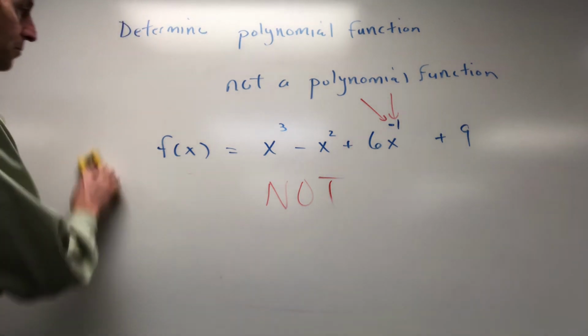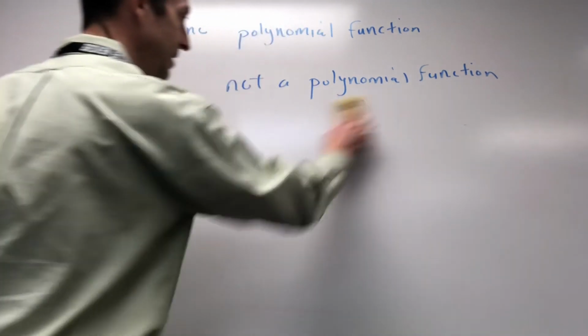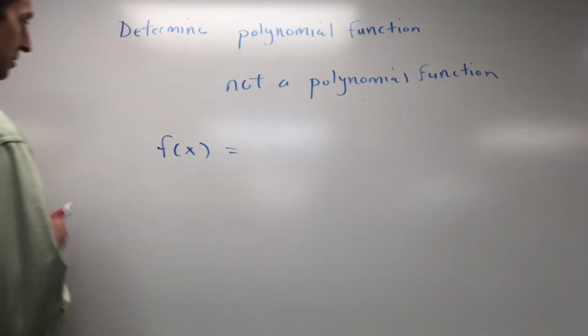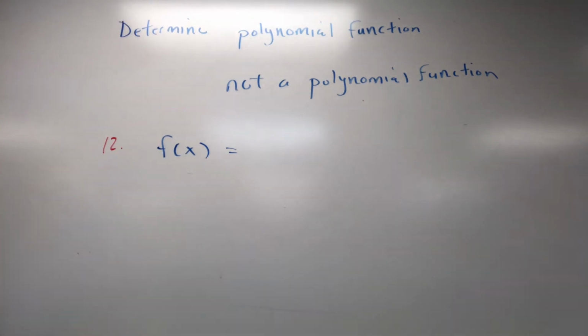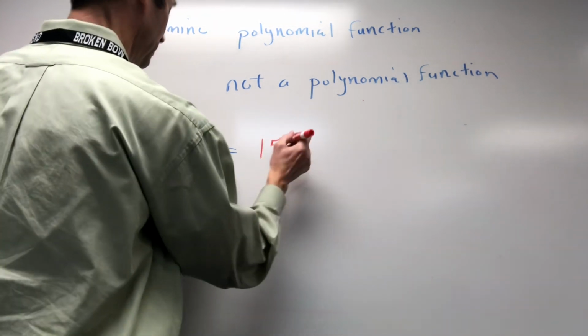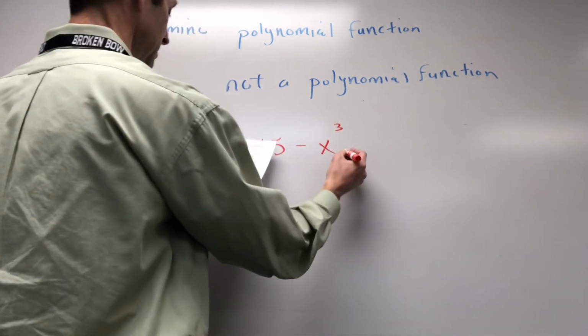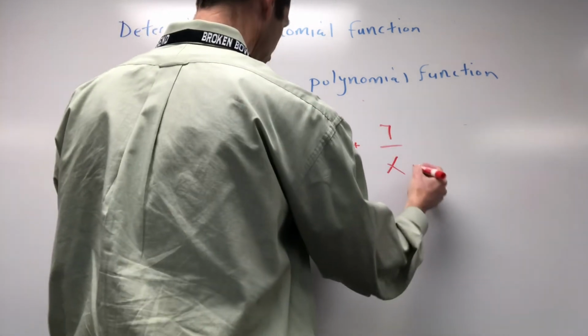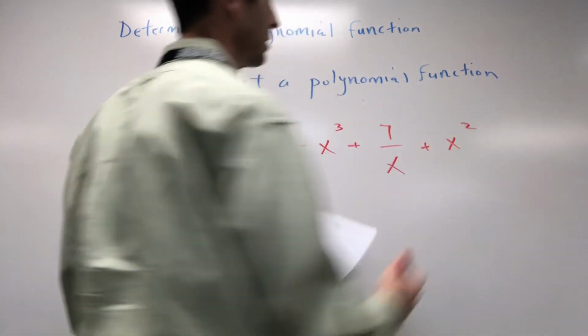So if you see that, automatically like, nope, not happening. Another one that disqualifies it, let's do number 12, is if your x is on bottom. So here's 15 minus x cubed plus 7 over x plus x squared.